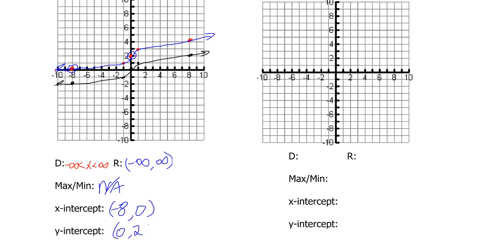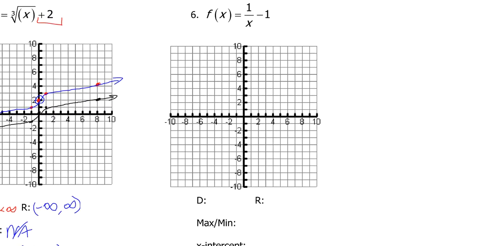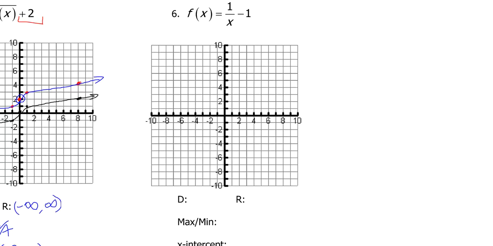Now, time for the last question of the day. We've got our rational function. And that's going to go a little something like this. If you remember correctly, we're going to have a point here and a point here, and we have to drop our line kind of like that and get really close to our axes, but never actually touch them.